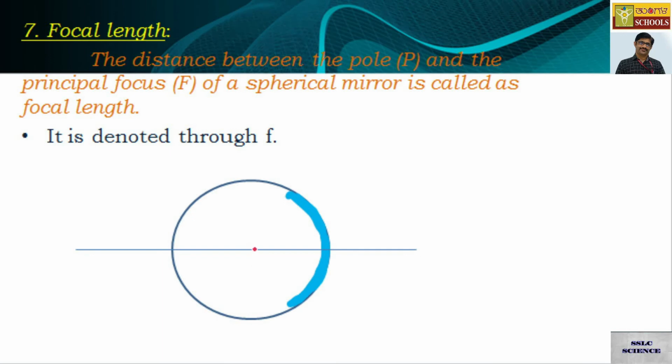So the first one is center of curvature C. Center of curvature is nothing but the center of the imaginary sphere of which the mirror is a part. You take either concave or convex. My suggestion is stick to the concave mirror and try to focus on all these points.